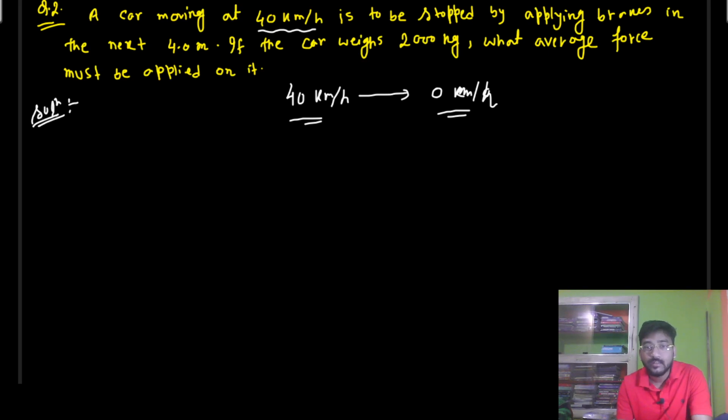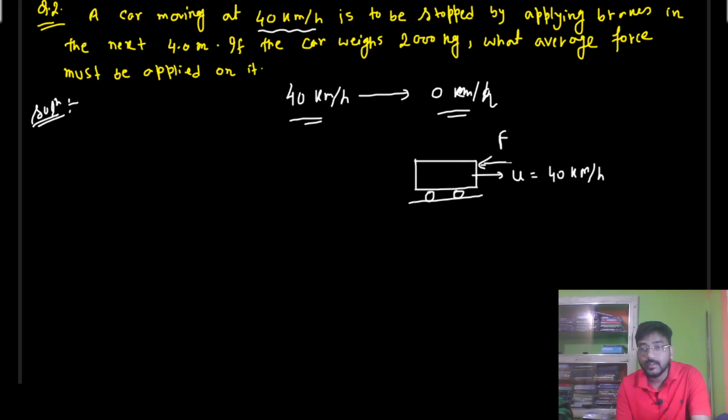So initially the car is moving with a velocity of 40 km per hour. So it is the initial velocity, u, that is 40 km per hour. And if we apply a braking force, it is obviously opposite to its motion. So in the opposite direction we have to apply a force F in the form of brakes.